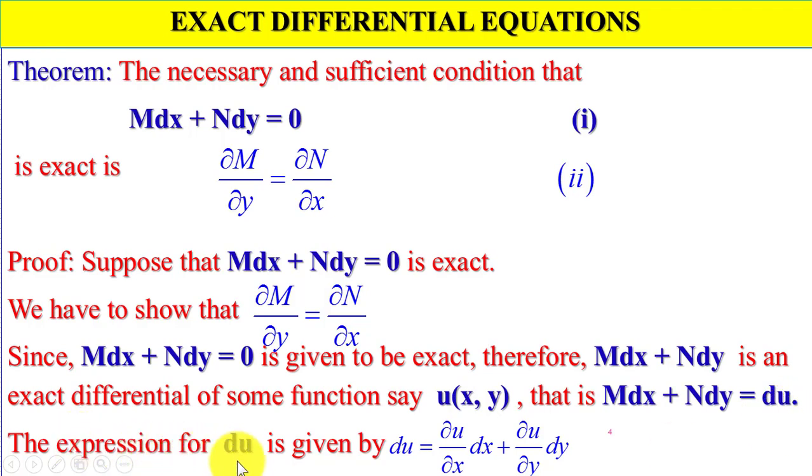The expression for du is given by du is equal to del u by del x into dx plus del u by del y into dy.